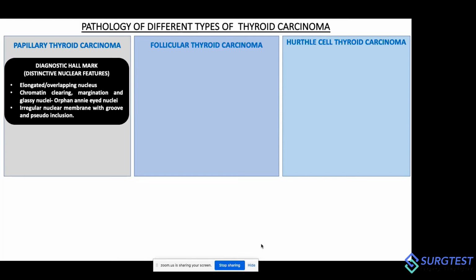First is related to the shape and size of the nucleus: elongated, overlapping nuclei. Second is related to changes in the chromatin. With the clearing of the chromatin, it is pushed to the margin of the nucleus, and hence the nucleus appears glassy or ground glass. That is also known as Orphan Annie eye nuclei.